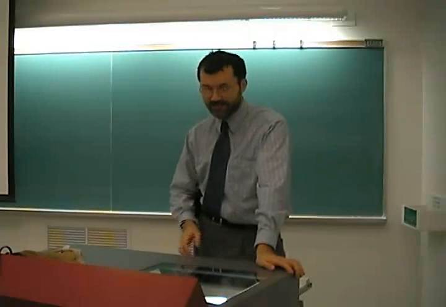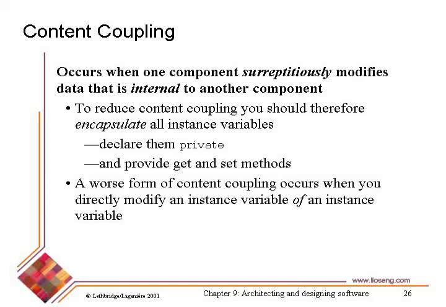Let's take a look at some kinds of it. Content coupling. Content coupling is arguably, or no, without doubt, the worst kind of coupling. Content coupling is where one component modifies data in another component, and the other component can't stop it, and worst of all, isn't even aware that its data is being modified.